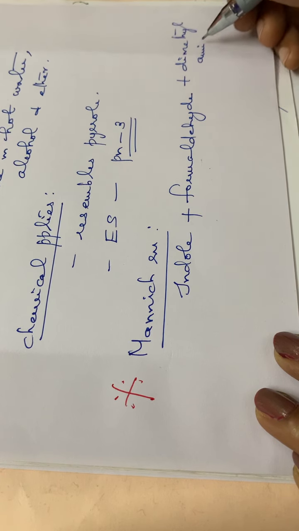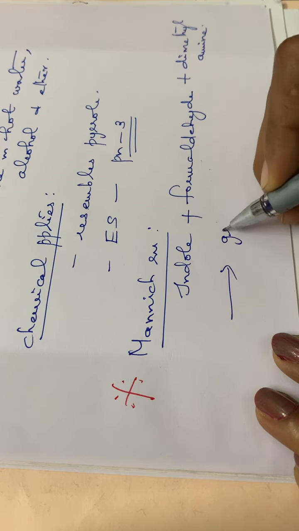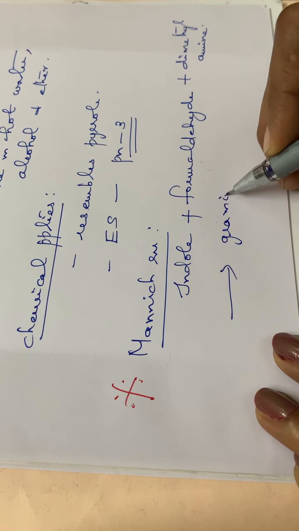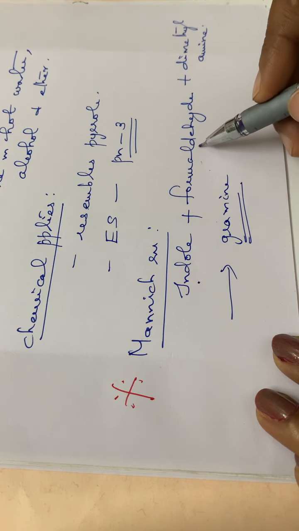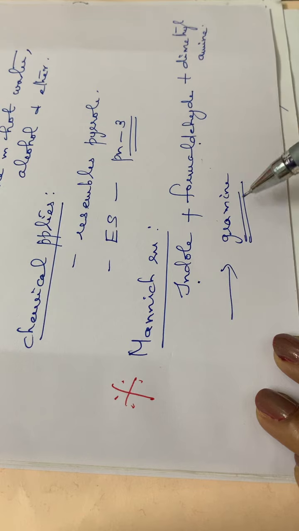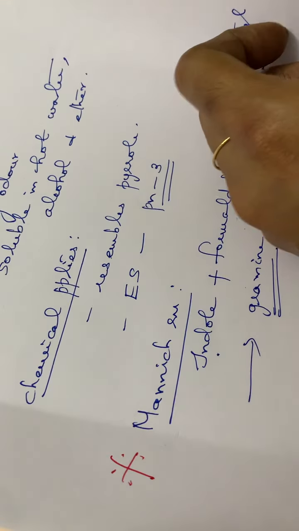Indole plus formaldehyde plus dimethylamine gives this Mannich reaction. The product is gramine. The reaction between indole, formaldehyde and dimethylamine gives gramine. Let us go through the reaction.